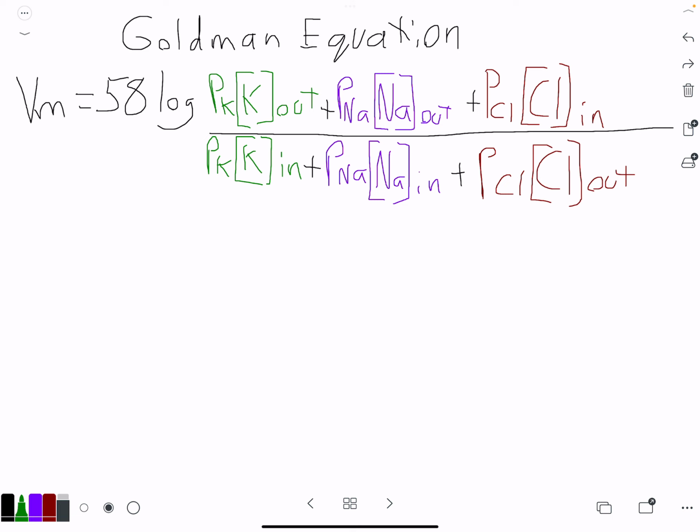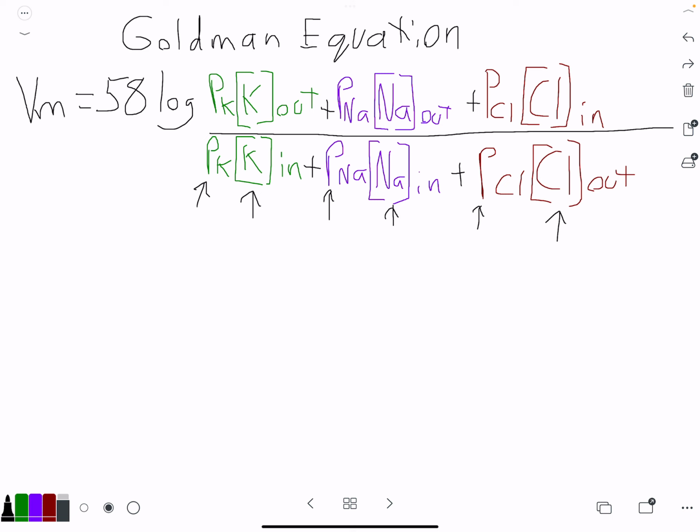Now, to get the potential, whose units are millivolts, it takes into consideration not only the concentrations of all of the ions here, but their relative permeability, which is represented by P. And the relative part just means it's not like an absolute permeability score.